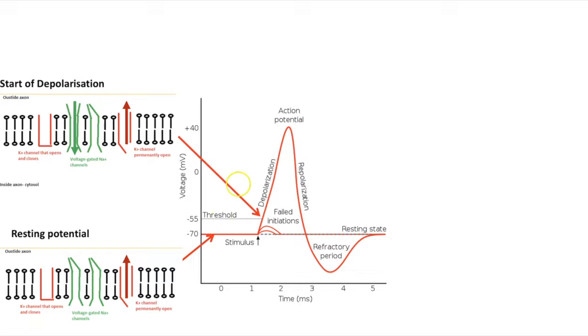Now, if you have a large enough stimulus, that will cause enough sodium ion channels to open to reach the minus 55 millivolt threshold. If it's only a small stimulus, that won't cause enough of those voltage-gated sodium ion channels to open, so you won't actually get an increase in the voltage to the threshold of minus 55 millivolts, and therefore you wouldn't respond to the stimulus.